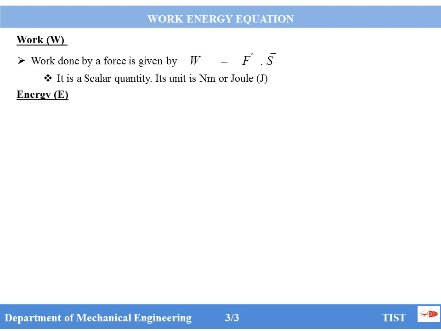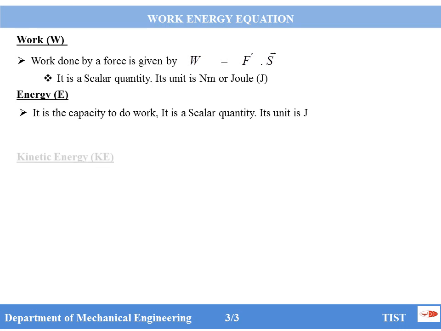Now, for the work energy equation, the next term is energy. What is energy? Energy is the capacity to do work. It is again a scalar quantity. Its unit is the same as that of work done, joule. Now what is kinetic energy? Kinetic energy is a form of energy.